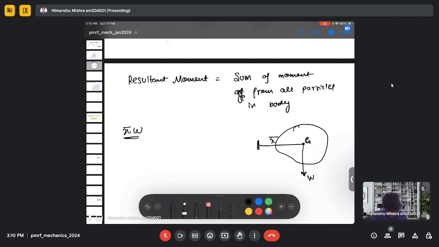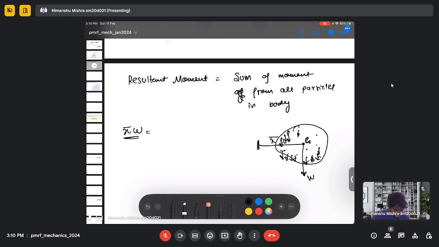Now this moment will be equal to the sum of all moments due to the particles. So each particle inside this body has its own weight.